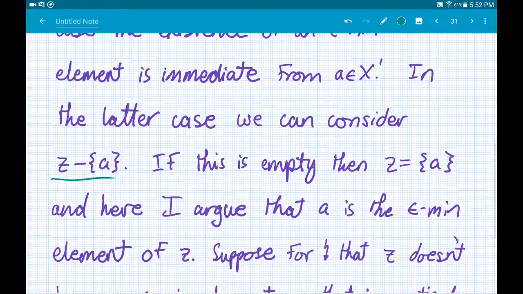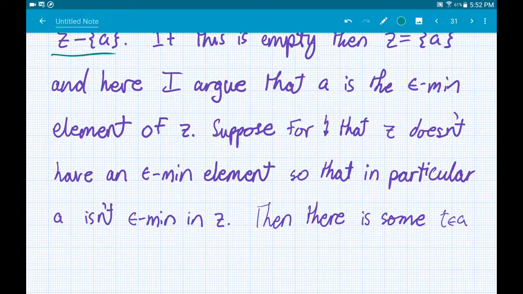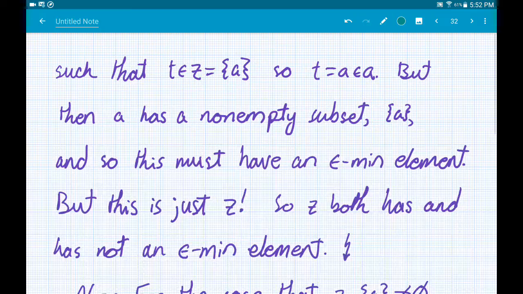Now, if Z is equal to the set {a}, then I argue that a itself must be an in-min element of Z. Well, for contradiction, suppose that Z has no in-min element, and in particular, there's only really one candidate, so that means that a isn't in-min in Z. Given that, the denial of the existence of an in-min element in Z is equivalent to there being some element t in a that is also an element of Z, which is the set {a}.